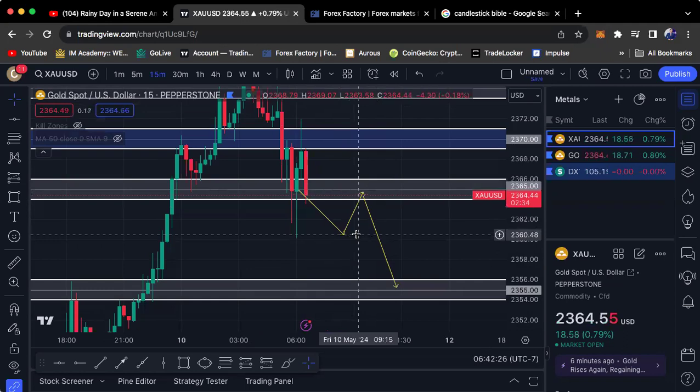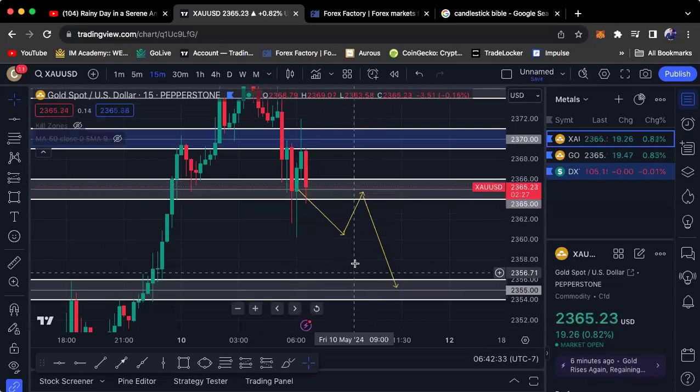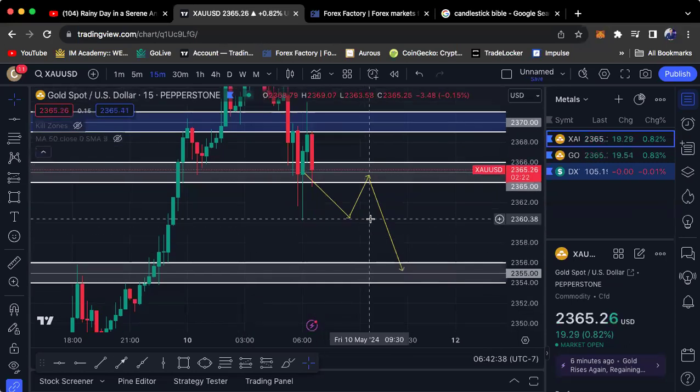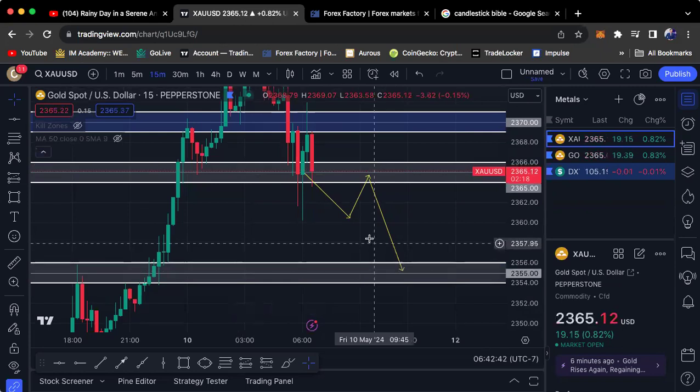My take profit one can be at 23.60. Take profit two, 23.55.